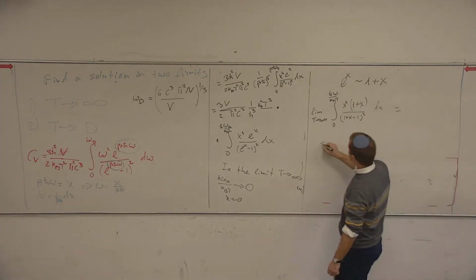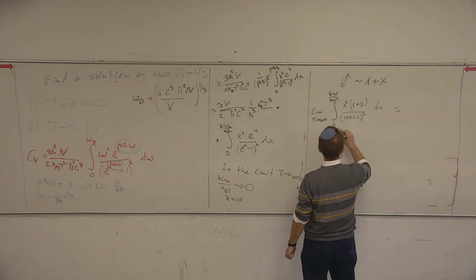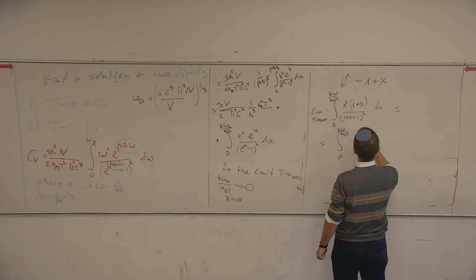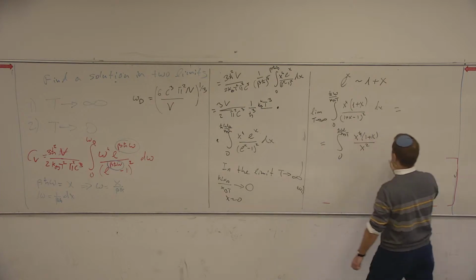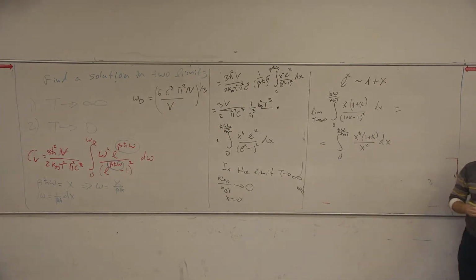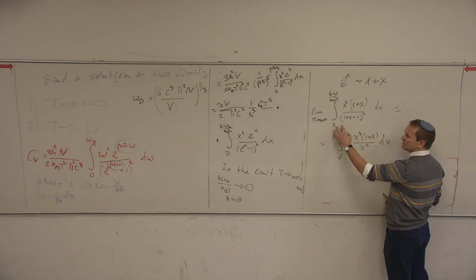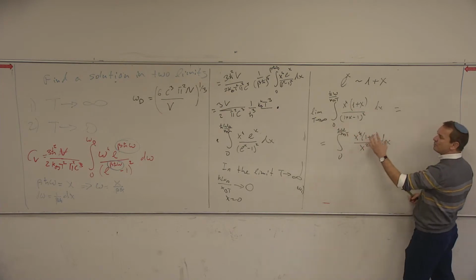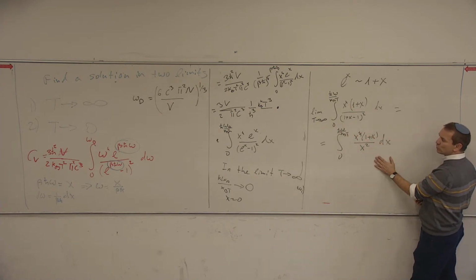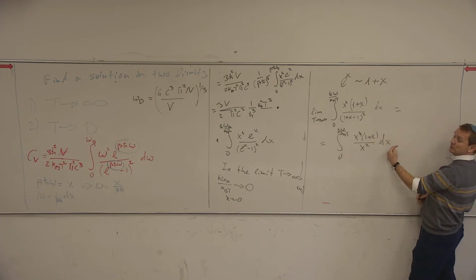So this equals the integral from 0 to ħ divided by k_B T of x to the 4th, (1 plus x), divided by x squared, dx. Now I'm looking only at the first order of this integral because T is extremely large, so the upper limit is extremely small, and I only care about the first order. I don't need this x; it's the next order approximation.